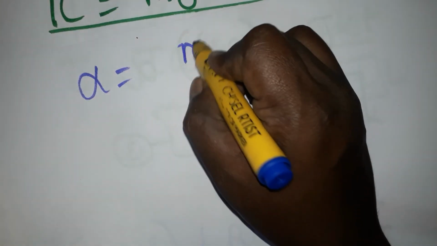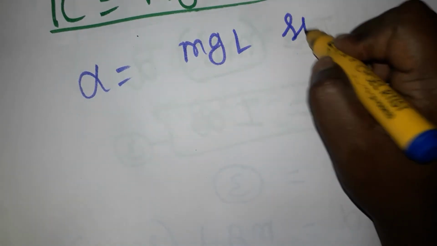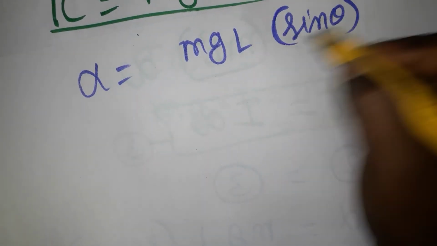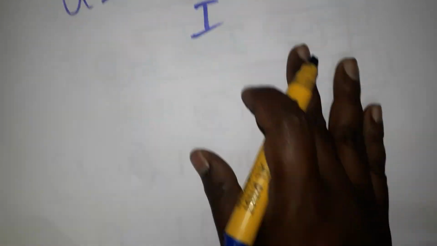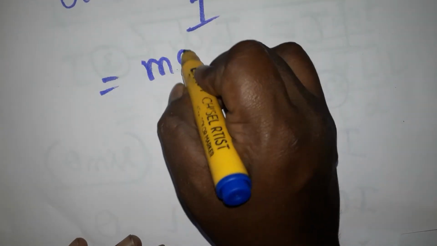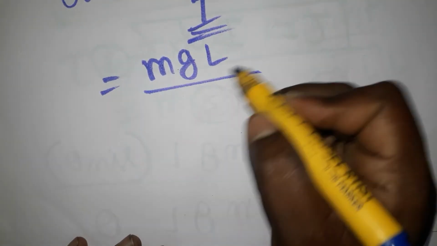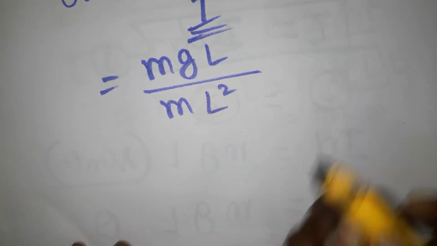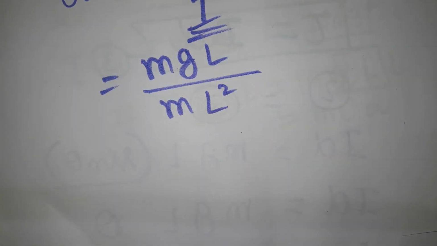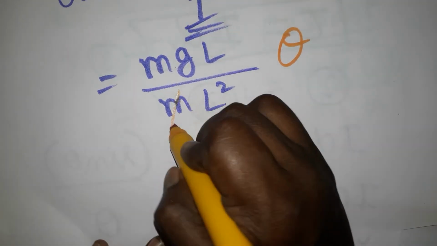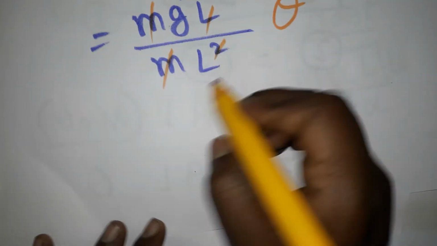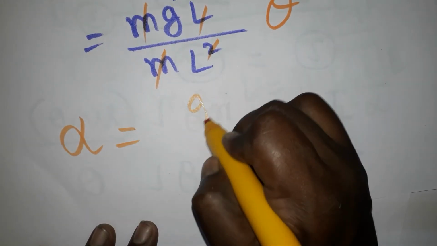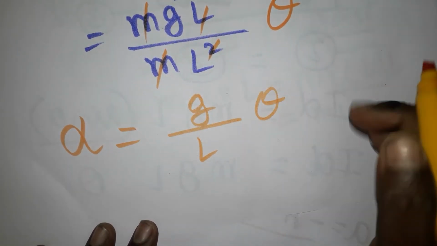So alpha is equal to mg L theta divided by I. Inertia is m L square, which we already learned. So m gets cancelled, L gets cancelled. So alpha is equal to g divided by L times theta.